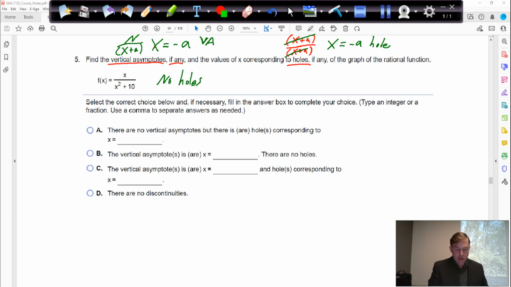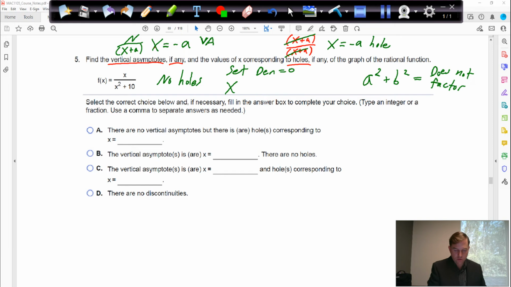So x squared plus 10, that's that same thing where I said if you have a squared plus b squared, that one does not factor. At least it doesn't factor nicely like a squared minus b squared. So this x squared plus 10 won't factor, so the function remains that. So to find the vertical asymptote, we set the denominator equal to 0.